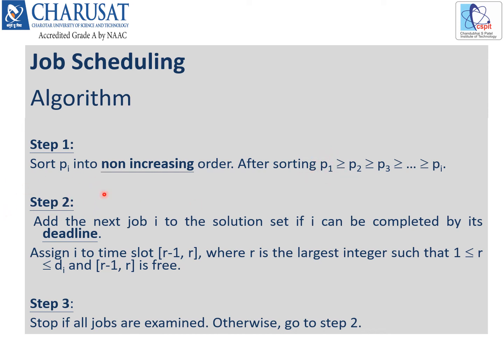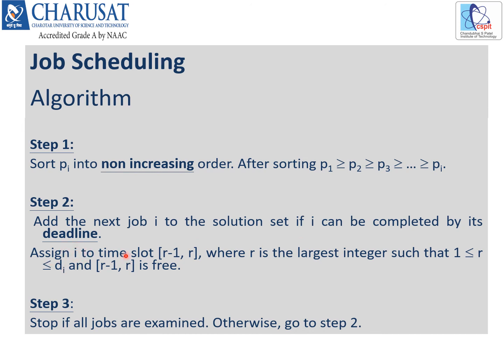Now in this step 2, we have to add this job i to the solution set if it can be completed by its deadline. Then and only then it can be added to the solution set. Okay, now where to assign this i?